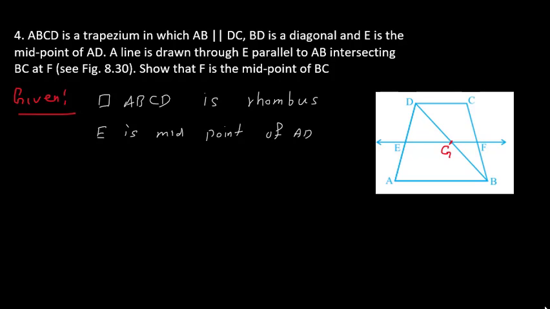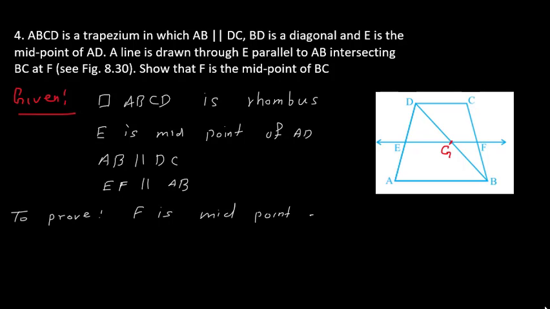Then you have given that AB is parallel to DC. Then you have given that EF is parallel to AB. Given that, you have to prove that F is the midpoint of BC.